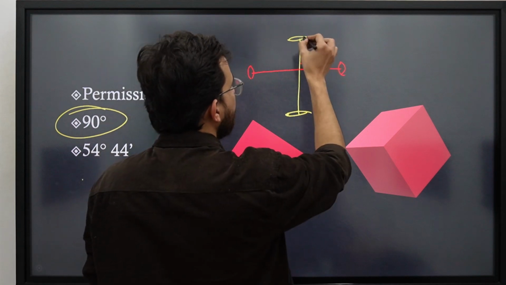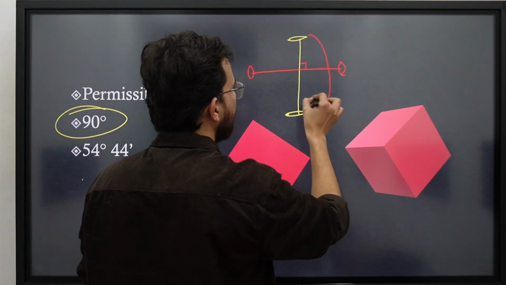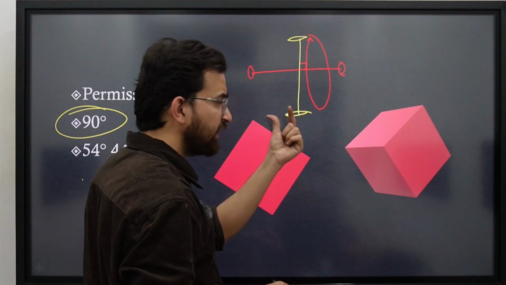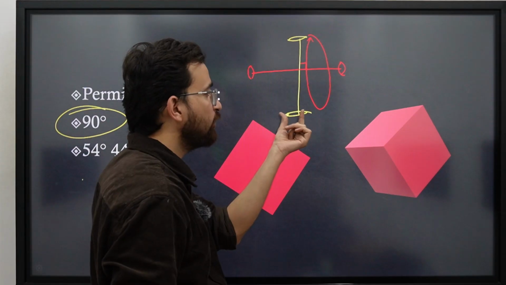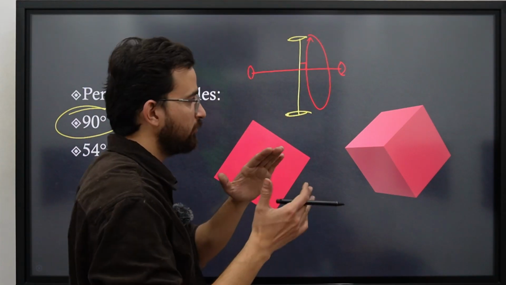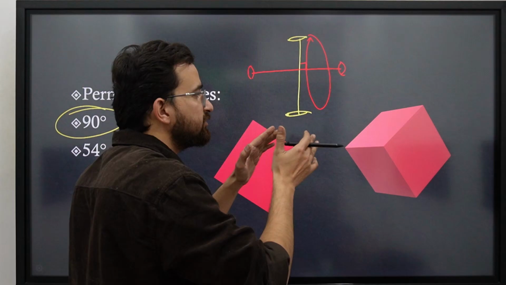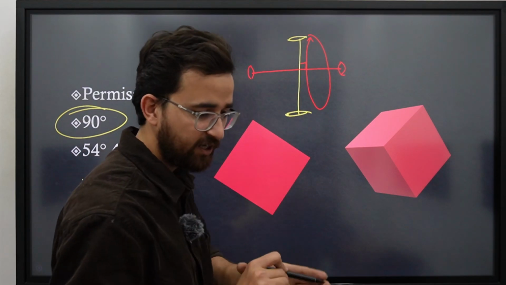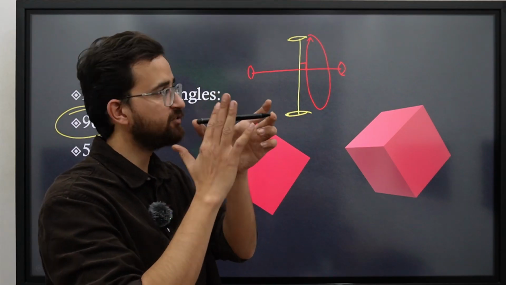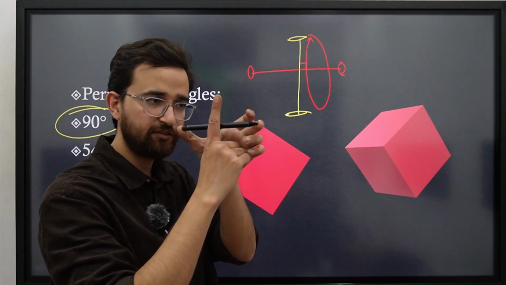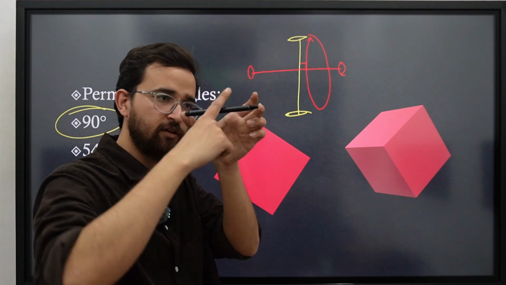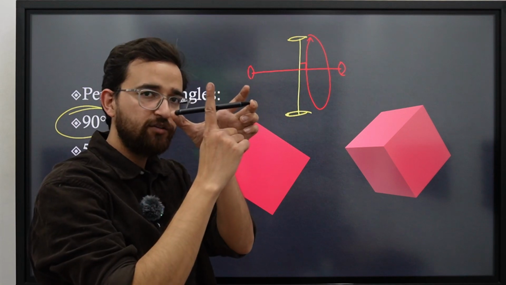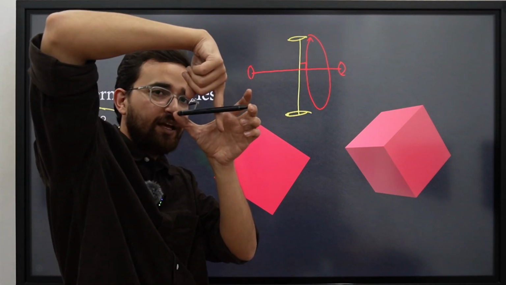So this twofold can rotate this yellow twofold axis in the orientation in which the yellow twofold axis existed prior to the rotation. What I meant was that if this is your twofold axis and this is the red twofold axis and this is the yellow twofold axis, if the red twofold axis rotates, it rotates the yellow one in such a manner. So the yellow one was initially like this, now it is exactly like this.